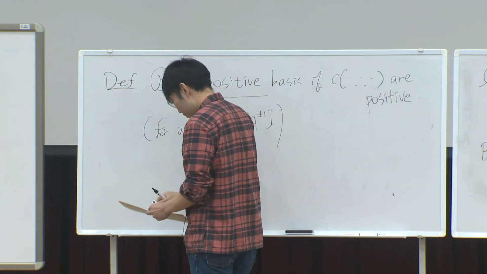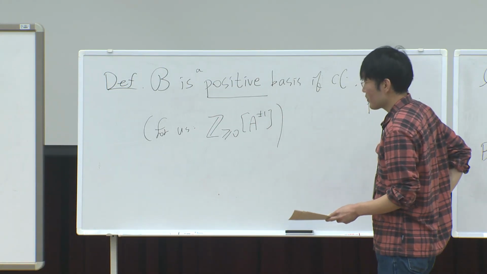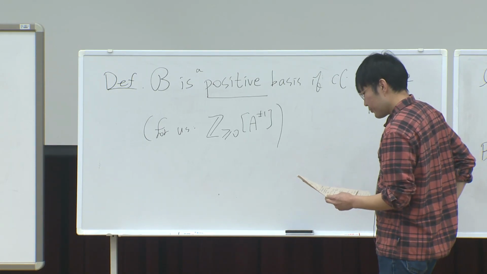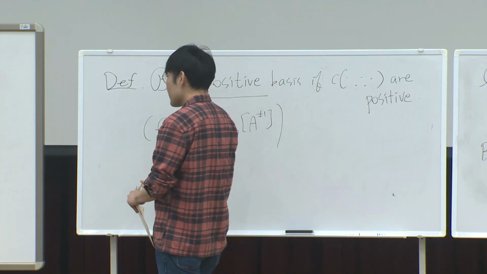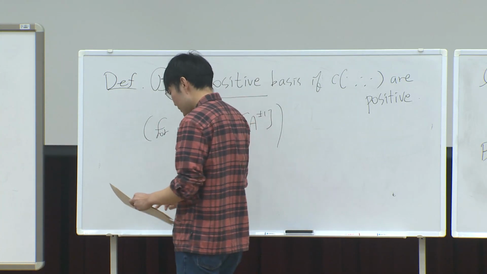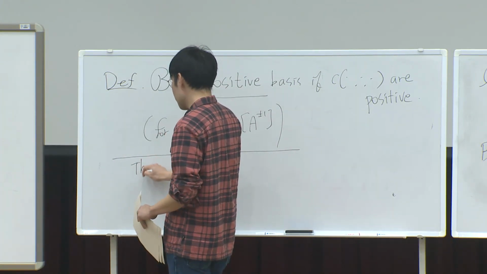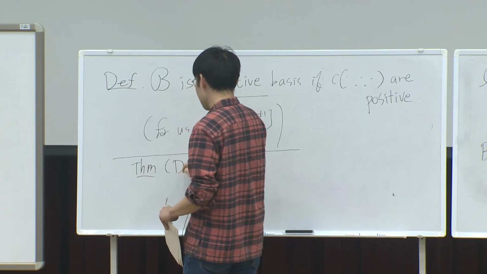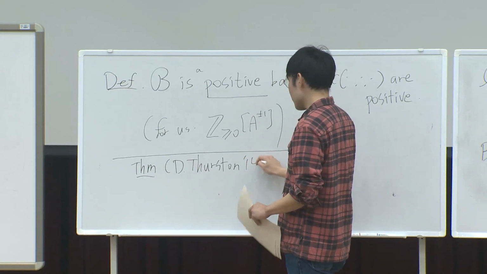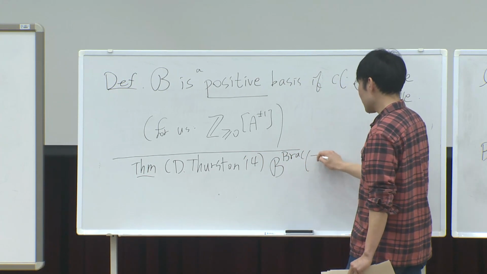And I think I'm done, so I have to tell you some result about this notion. So I have 3 minutes. So the first result known about this direction was by Dylan Thurston in 2014, that he proved that the bracelet basis is positive.